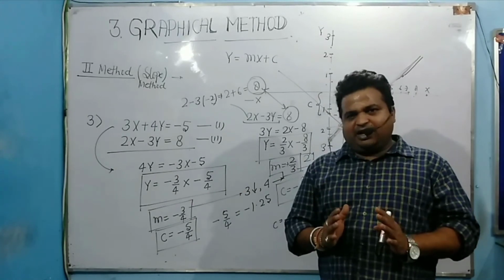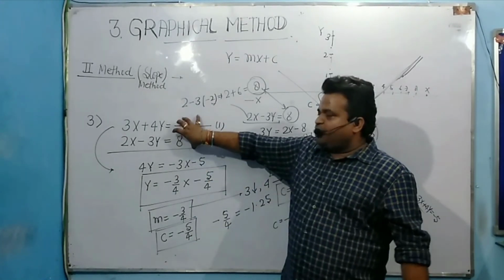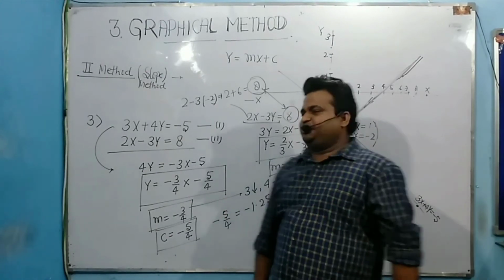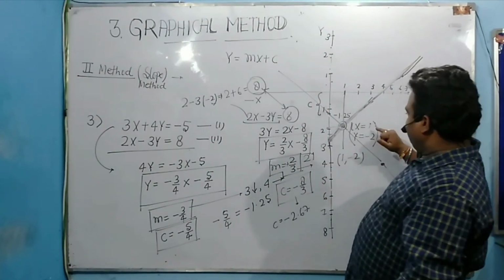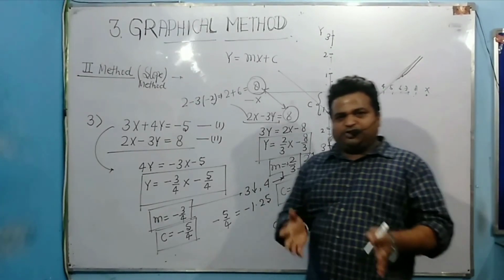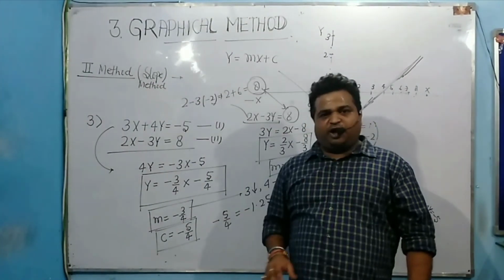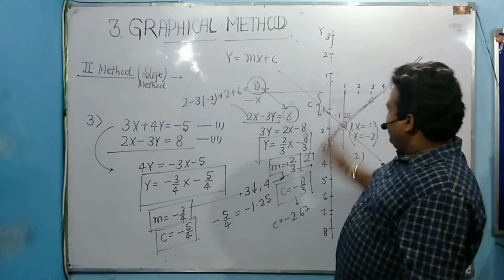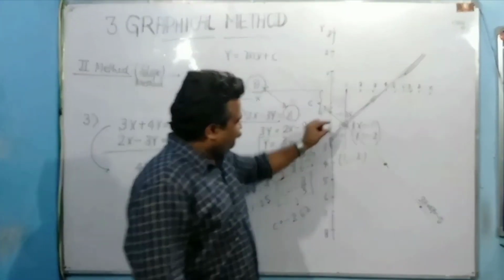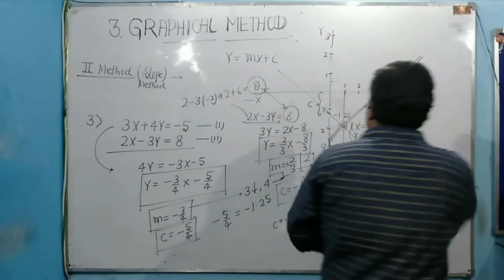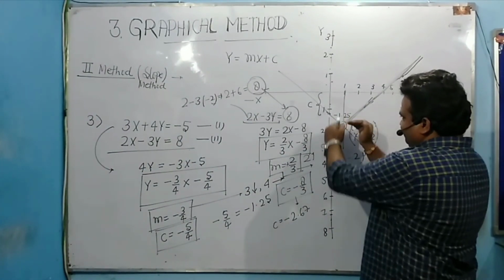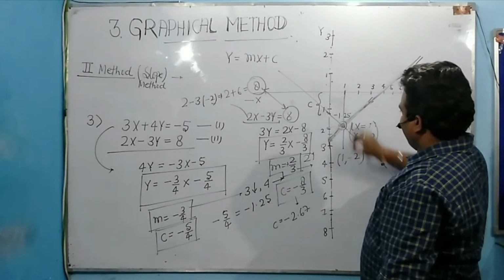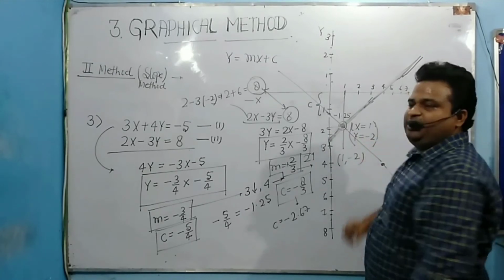So it's better, I advise you, that first you solve this equation by elimination method. Find out the solution. My x value is 1, y value is minus 2. So first you will get an idea that the solution of this problem is 1 and minus 2, and then go with the graphical method, draw a line, and if somewhere you find difficulty or some mismatch value, you just interpolate it, fix the term where you will have x equal to 1, y equal to minus 2.